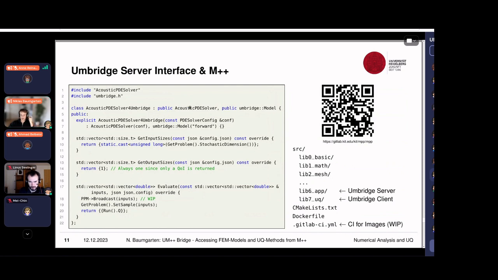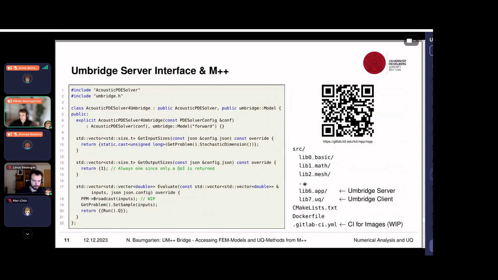That way I can just use Umbridge to call the evaluate function, and the evaluate function calls again the run function. So I can really swap out my own code by Umbridge and swap it back in depending on how I compile the code. And all this is implemented in M++, which is the finite element solver of my former PhD supervisor, Christian Wieners.